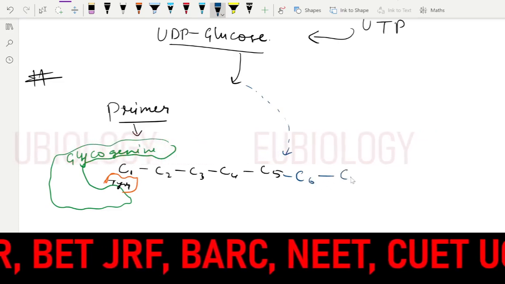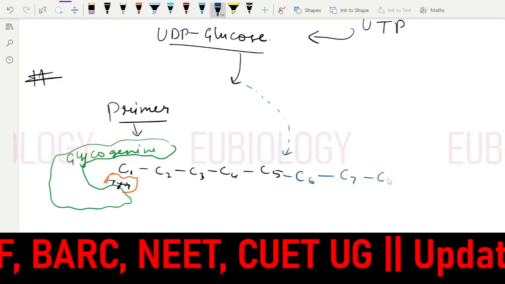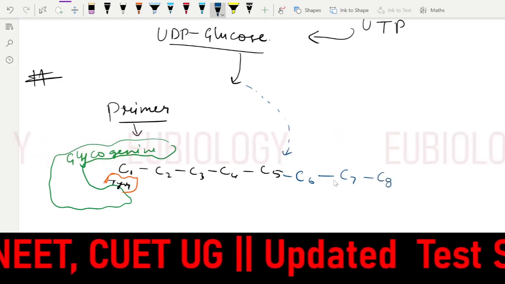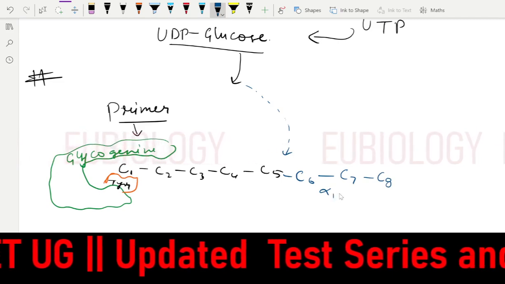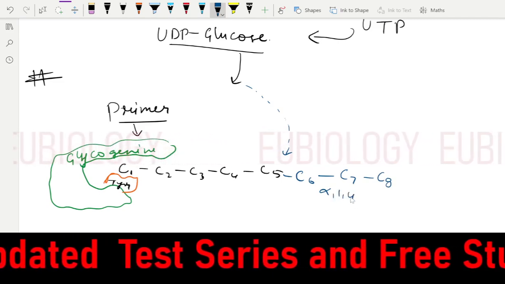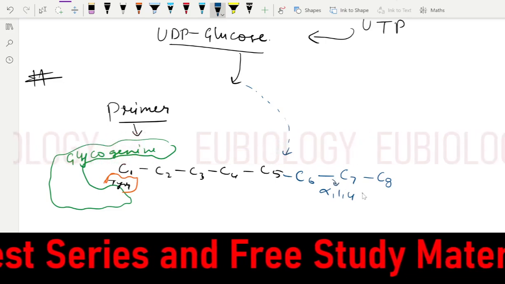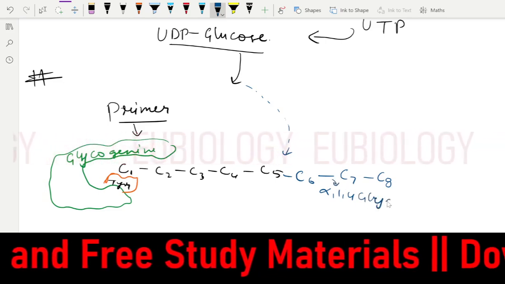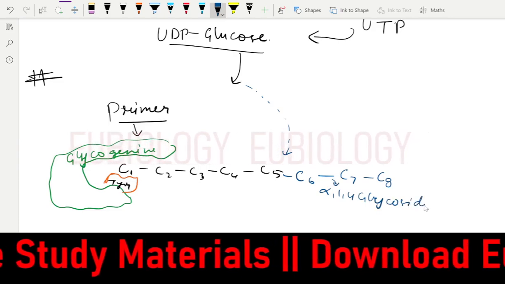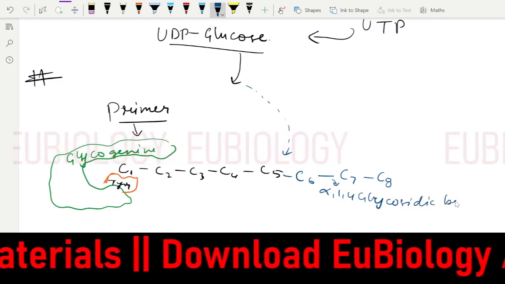Like that it will go on to C7, continuing, and they will form an alpha 1,4 glycosidic bond.